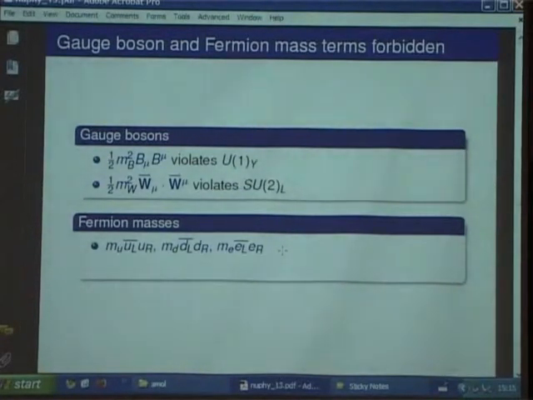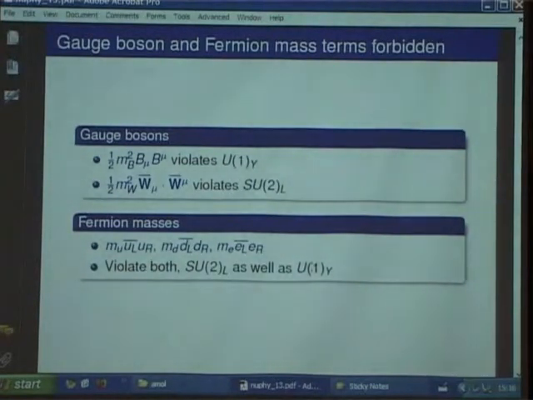Y is of course not conserved. If you don't remember Y values, the least you could check is that e_L is a doublet of SU(2), e_R is a singlet. You can never combine a spin half particle and spin 0 to get a singlet. That's another way of doing it. But both are perfectly fine. So in fact this term violates both SU(2) as well as U(1).